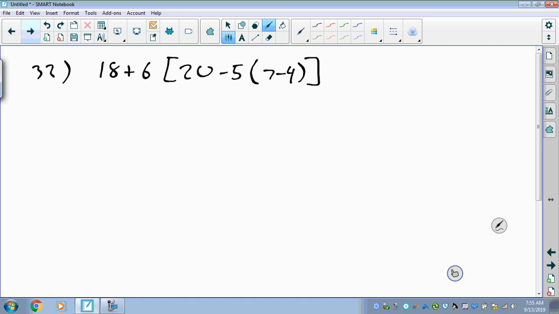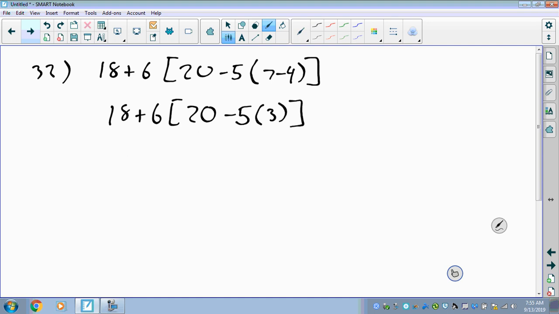Here we're working inside out. So 18 plus 6 bracket 20 minus 5 times 7 minus 4 is 3. Still inside those brackets, now we've got to do the multiplication. Remember, multiply before you go ahead and subtract. 18 plus 6 times 20 minus 15, close brackets.